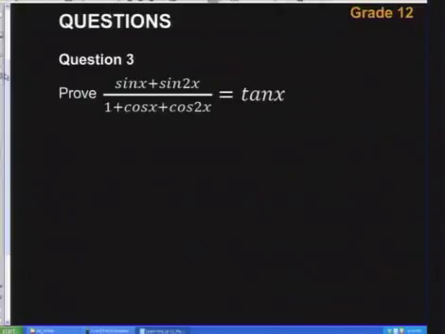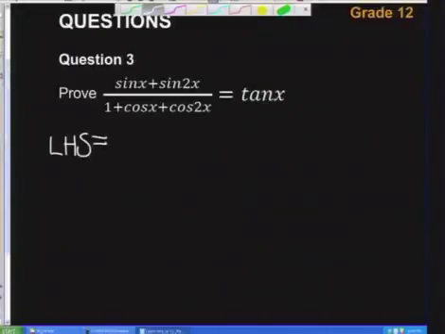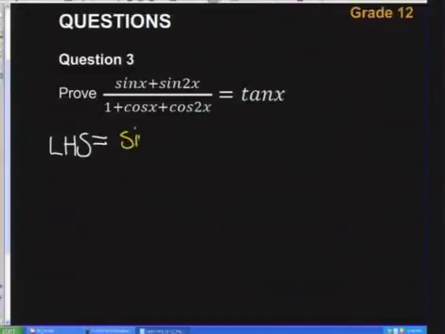Right. Let's have a look at what we can do here. So I'm going to start out with the left-hand side. I'm going to say left-hand side equals, just use another color so it's more interesting, and I've got a sine x here. Nothing I can do there. Then over here, I've got sine 2x.